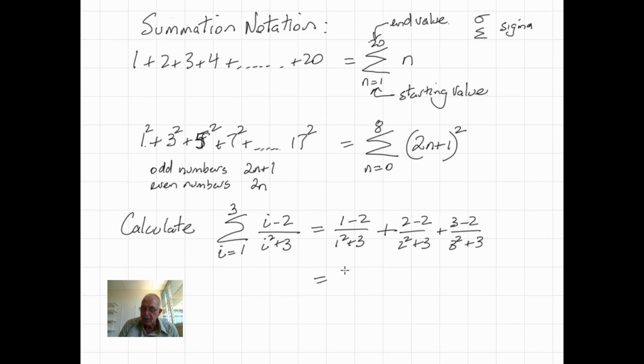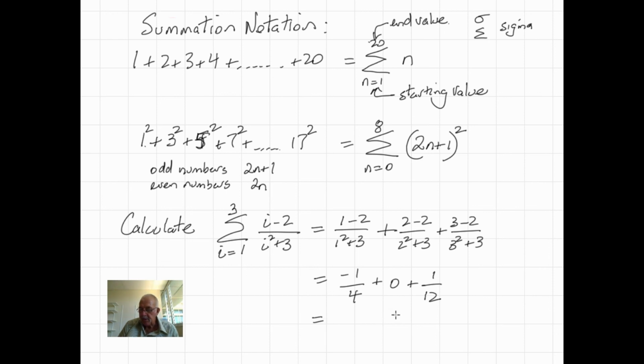First term: 1 minus 2 is negative 1, over 1 squared is 1 plus 3 is 4, plus 0, 0 over any denominator is 0, plus 3 minus 2 is 1 over 3 squared is 9 plus 3 is 12.